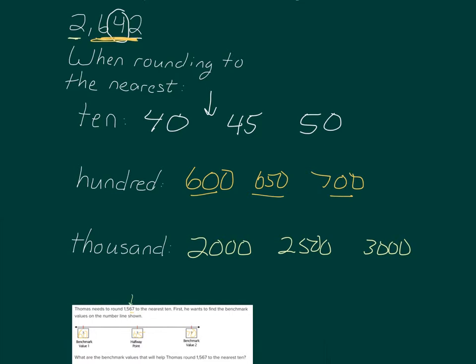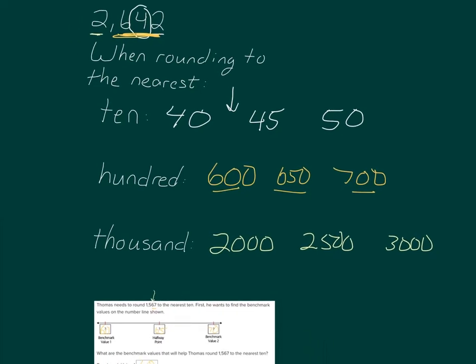So when we were rounding to the nearest 10, I said that 42 is between 40 and 50, so it's really 2,640, because 2,642 is between 2,640 and 2,650. Okay, and the midway point is 2,645. So this number, 2,642, is in between these, so it means it's closer to 2,640.